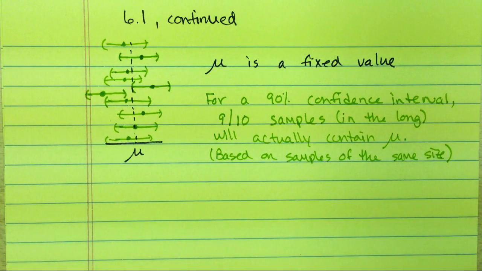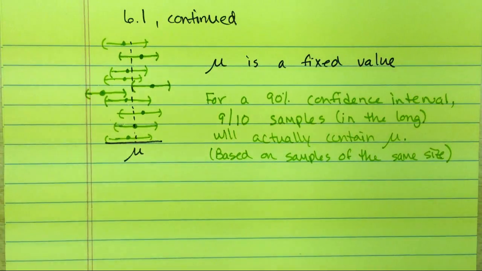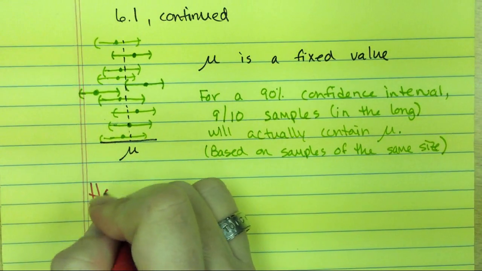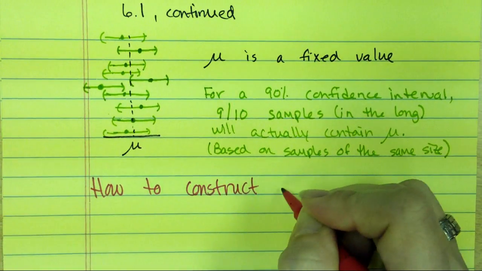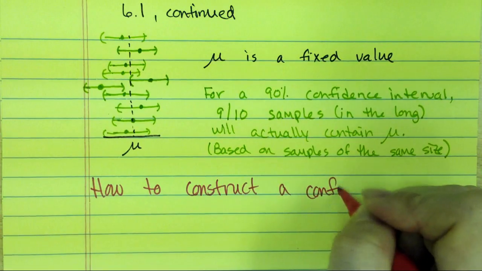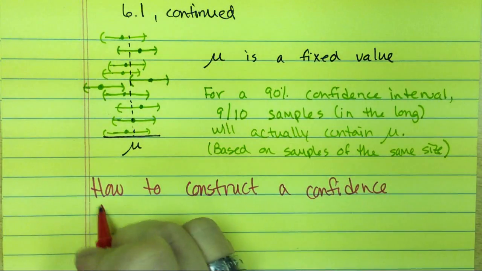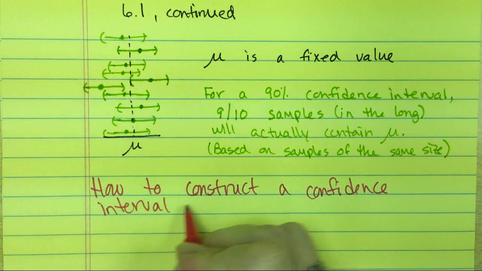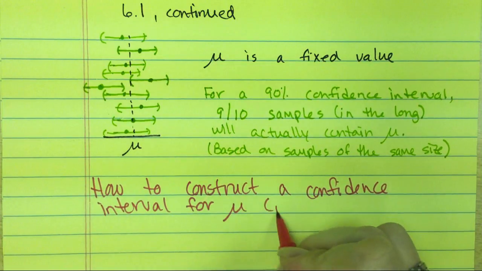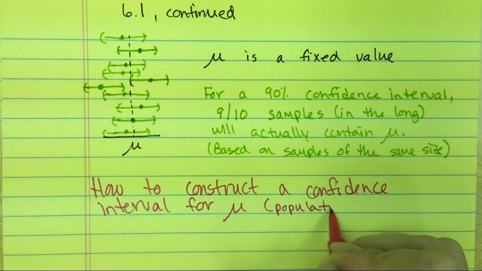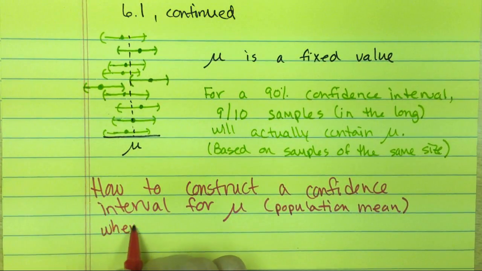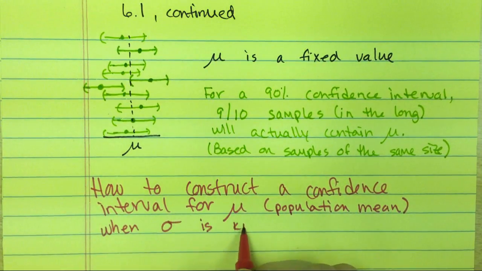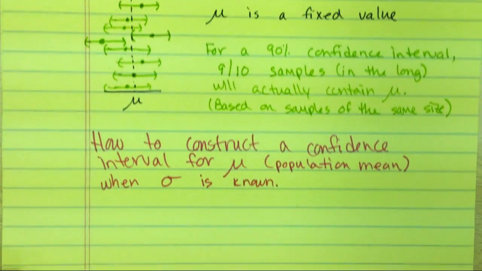Now let's look at how to construct a confidence interval. These are going to be like our step-by-step instructions. So we are going to construct a confidence interval for mu, which is the population mean, when sigma is known. Okay.